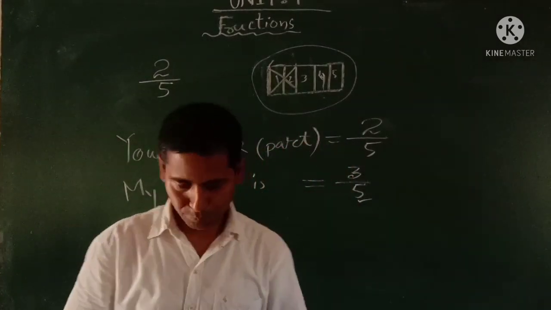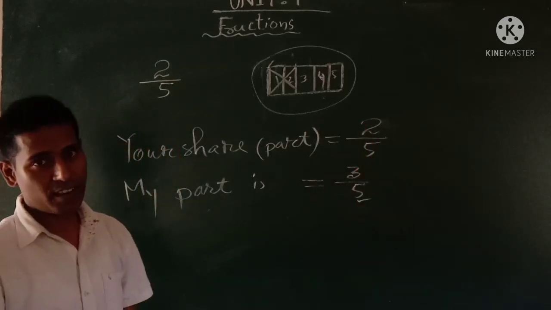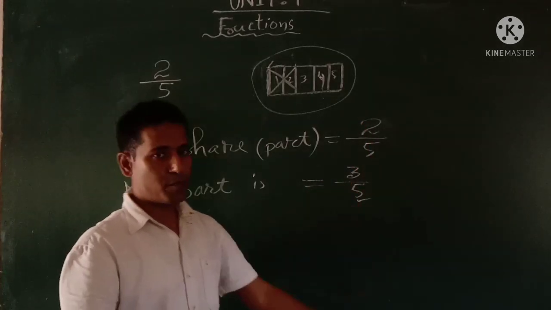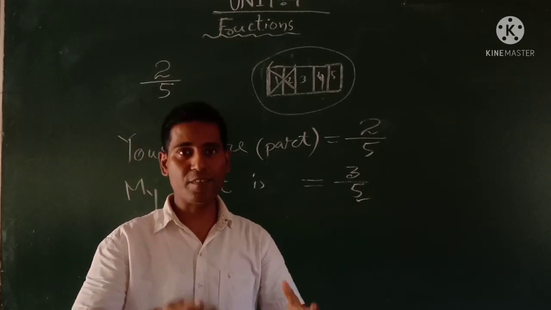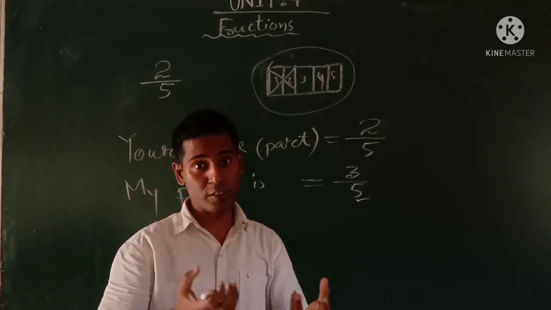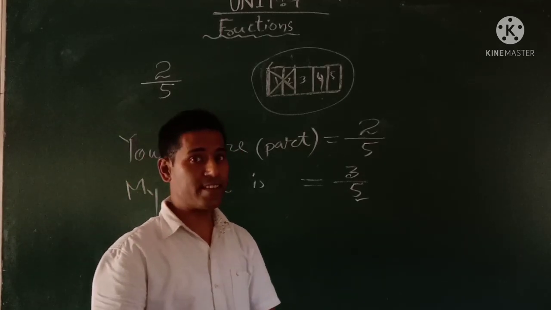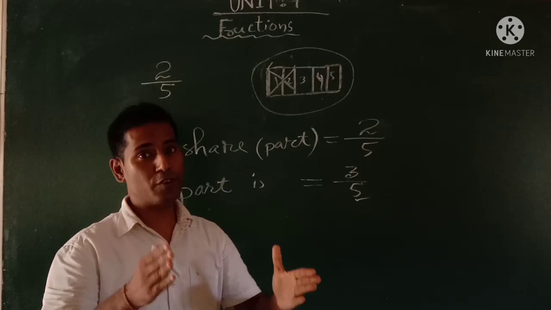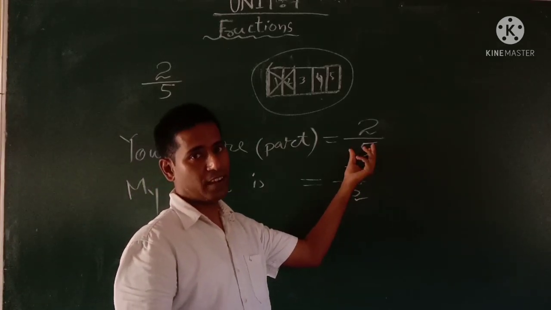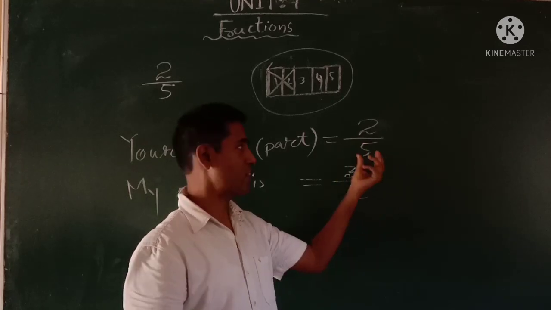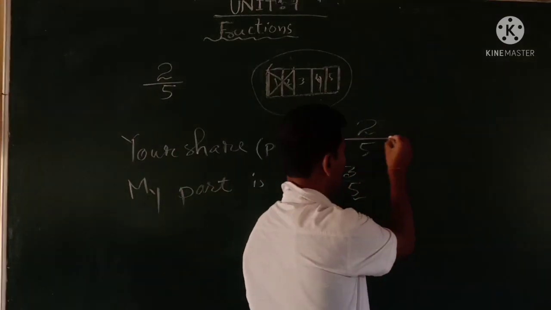Now see, when you write 2 by 5, that means it was a complete cake, a whole cake, an absolute cake, and this complete cake has been divided into 5 equal parts. This number, the number of equal parts in the complete cake, is called the denominator, and we write it below the bar.